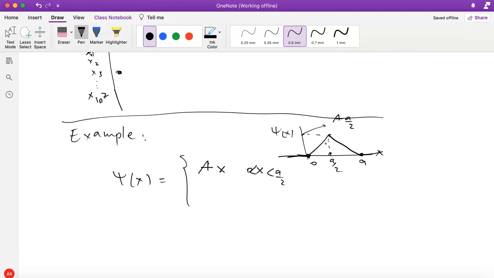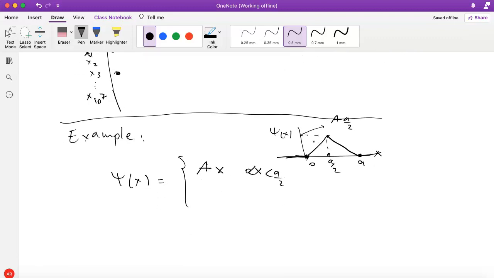Then it's coming down from that height, so it's going to be A times a over 2 minus x, right? It's a line with the minus of that slope, so the slope should be minus A, and at x equal a over 2, actually it should be here, I should have a, right?